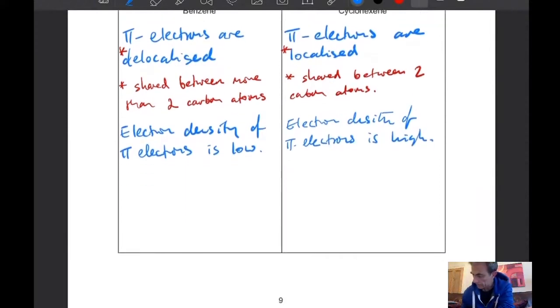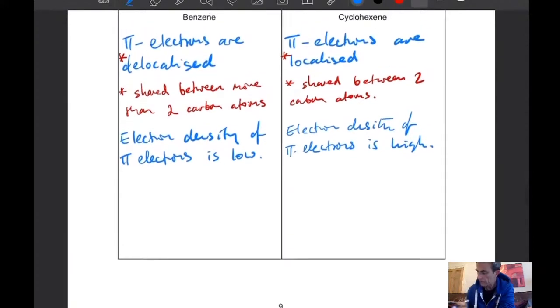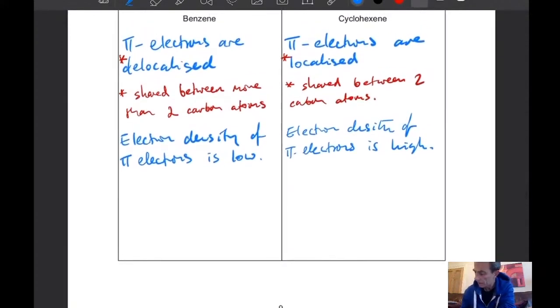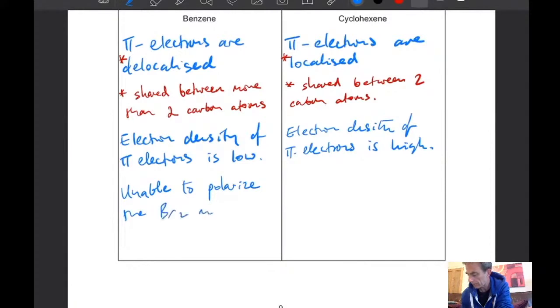So moving on from that, if benzene has got a low pi electron density, that means it is unable to polarize. Now we're talking about bromination, so it's unable to polarize the Br2 molecule.